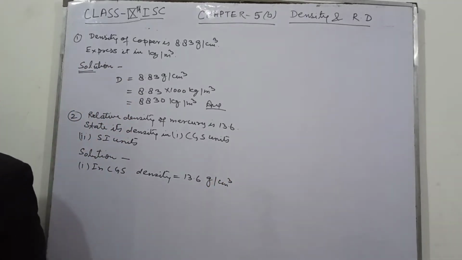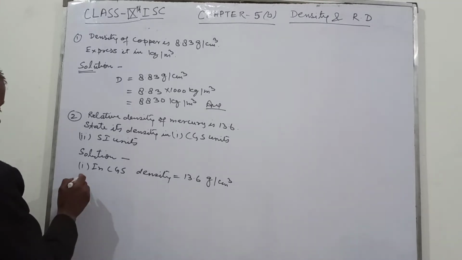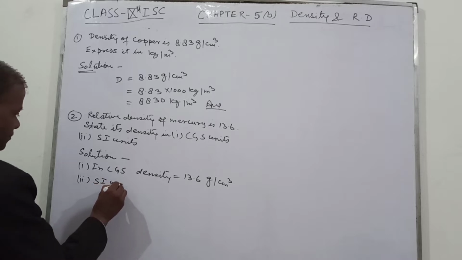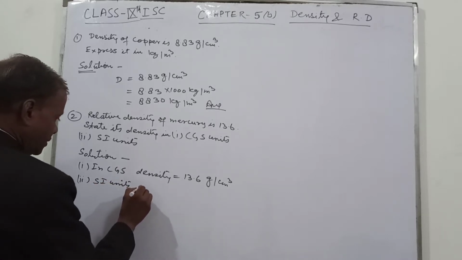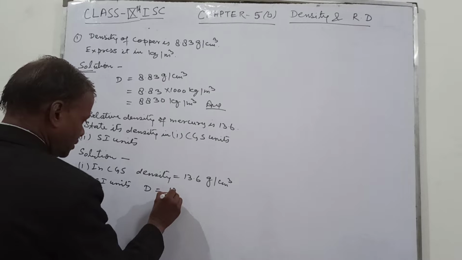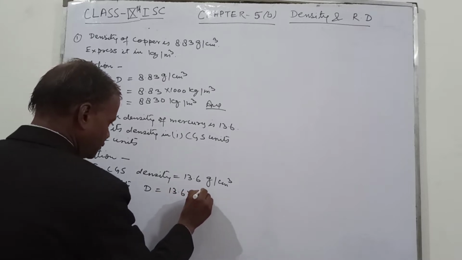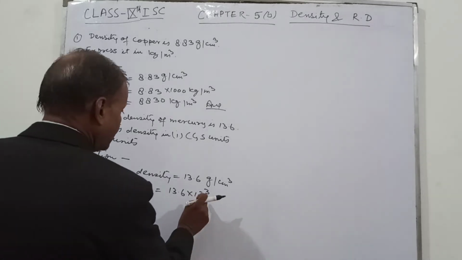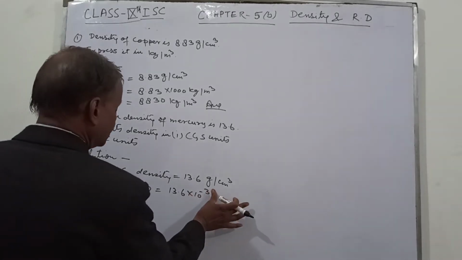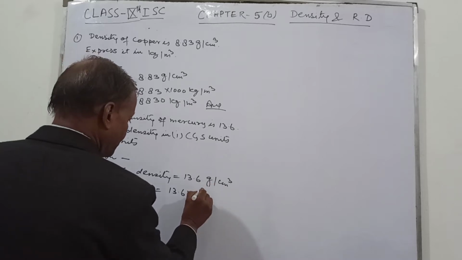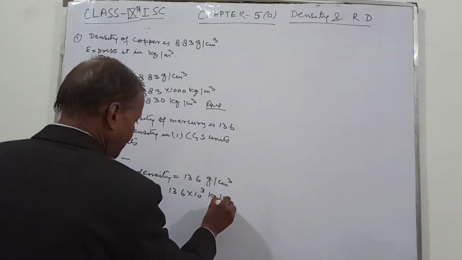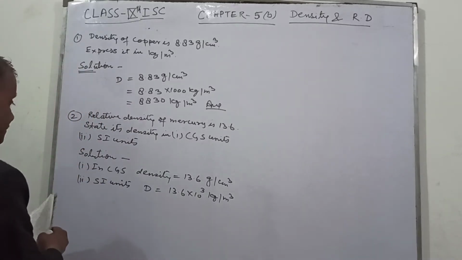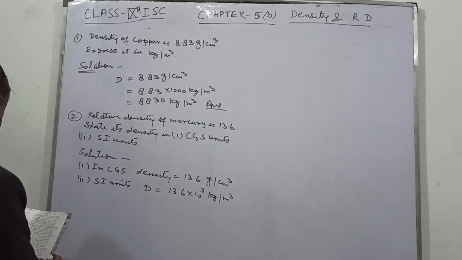And then to express this in terms of SI units, the density D equal to 13.6 into 10 raised to the power 3 kilogram per meter cube. So this is to be expressed in this way. This is question number 2.